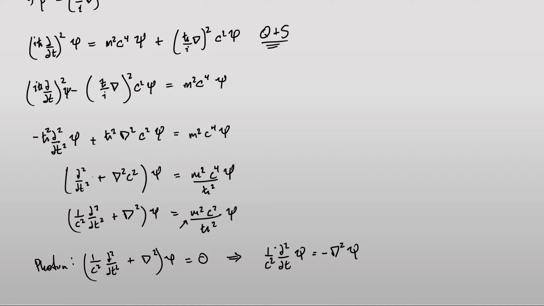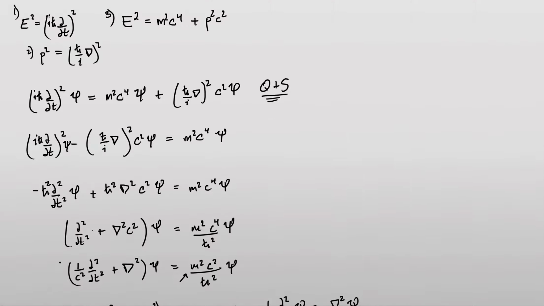So this becomes 0. This whole side becomes 0, or the 0 vector, in the case of a photon, because photons don't have mass.